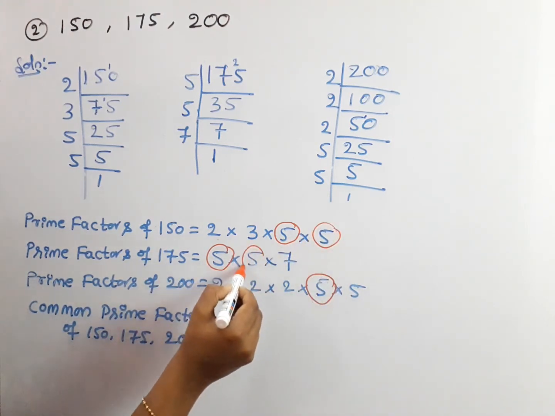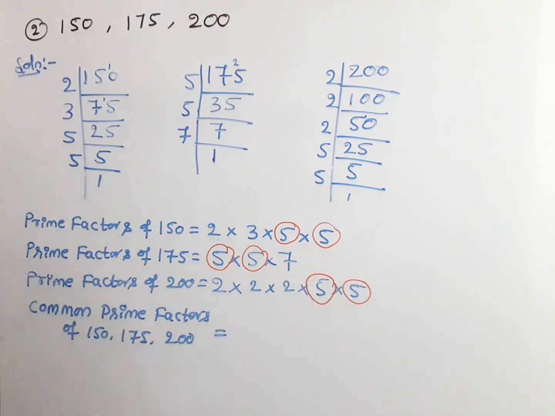Then one more 5 is a common prime factor. So write 5 into 5. Then HCF is equal to 5 5s are 25. This is the answer.